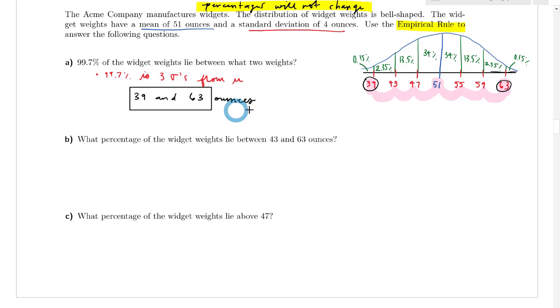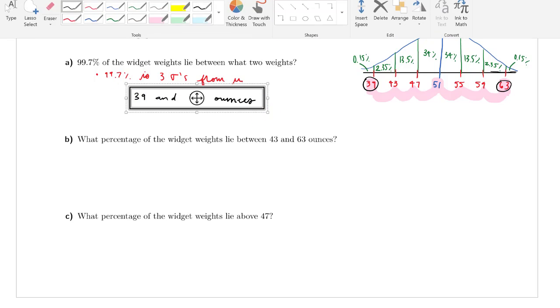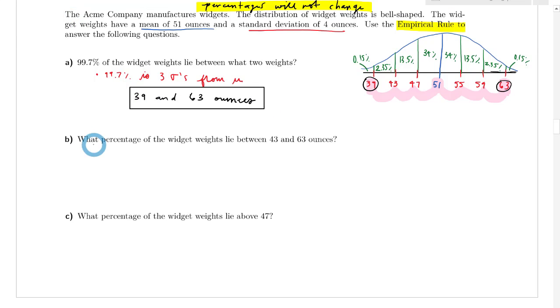And I know what you're thinking. You're like, that's way too easy. I know. What percentage of widget weights lie between 43 and 63? So 43 and 63, it's this. Bound it together. Go inside, inside, inside, in between, in between, in between.